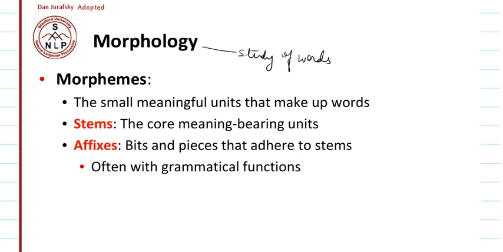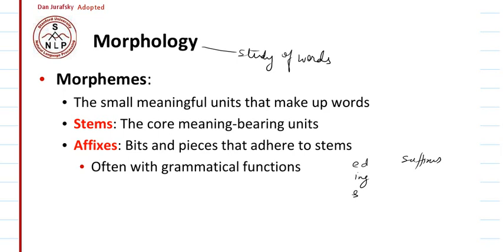A stem is the core base form or lemma form that produces many more surface forms, and by combining the stems and affixes together, we get the surface form words, right? Affixes are those that are added to the stems, like ed, ing, s. These are called affixes. Mostly they are suffixes.